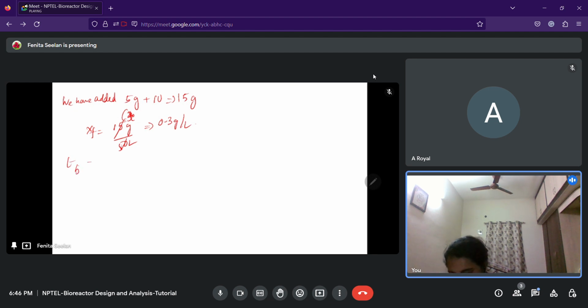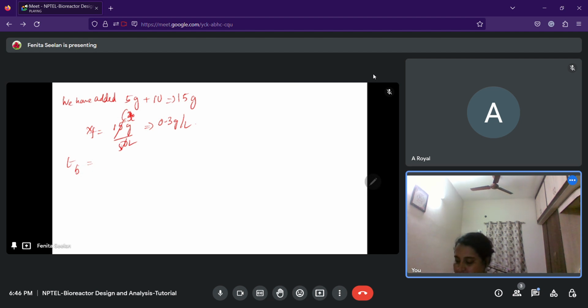For batch time, there are various versions of this same formula. When we were deriving, you could have noticed. If you have any doubts, you can refer to Bioprocess Principles by Paul Doran. I hope you have received the link for the drive where the books are being kept.